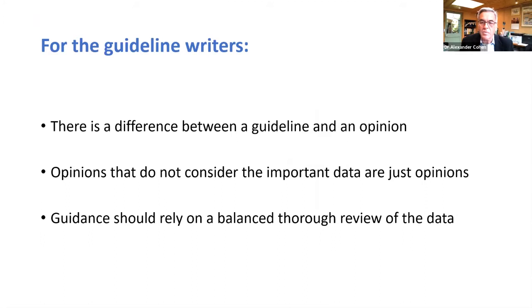So I'll start with a message for the guideline writers, and I think it's important that we distinguish between a guideline and an opinion. And I think that opinions that don't consider important data, and I'll define what I mean by important data, are just opinions, and that guidance should rely on a balanced view of the data.